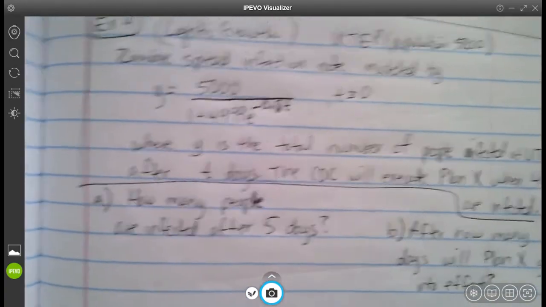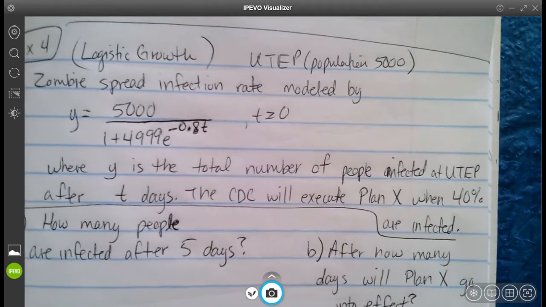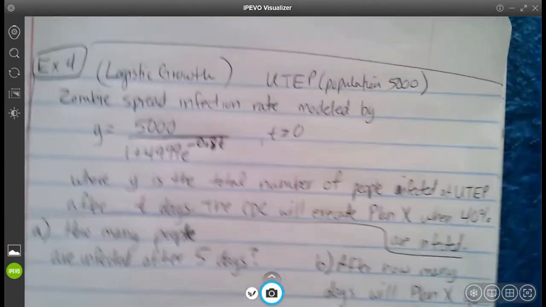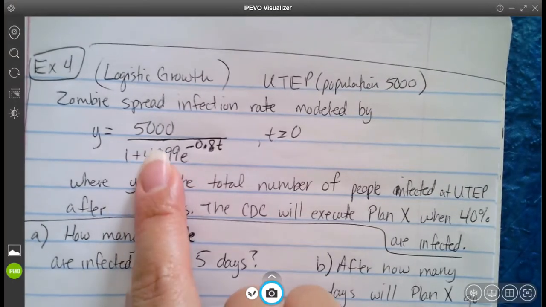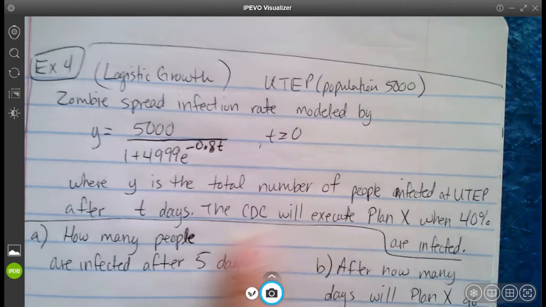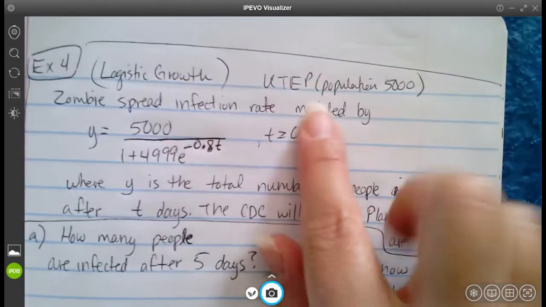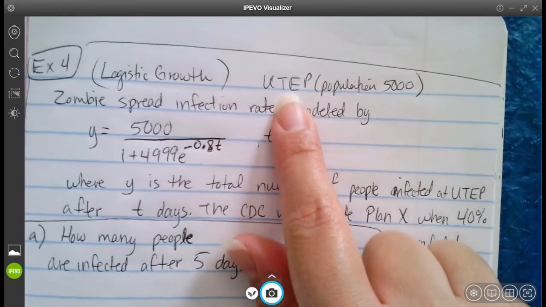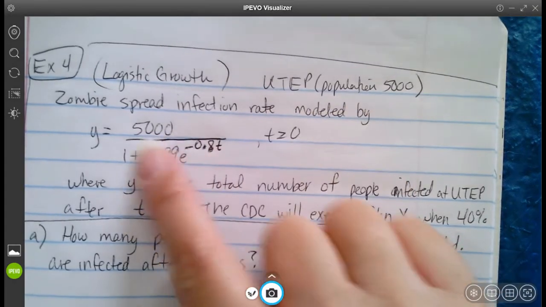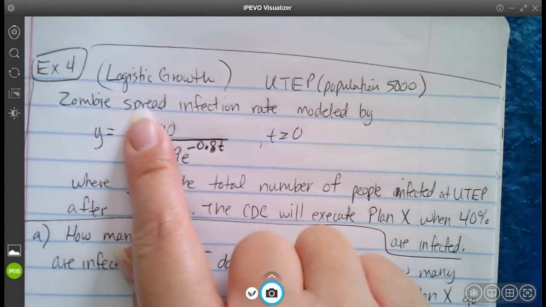Moving on to our last example. We have a logistic growth example this time, and you're going to see it follows the same pattern as the one on the first page. Again, this is summarized here. I did change it just a little bit from the textbook. It says that UTEP has a population of 5,000 people, and there is this zombie spread infection that just happened.